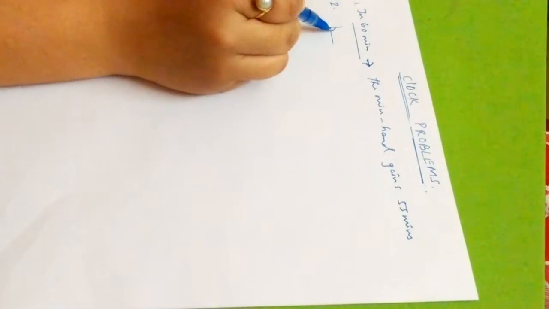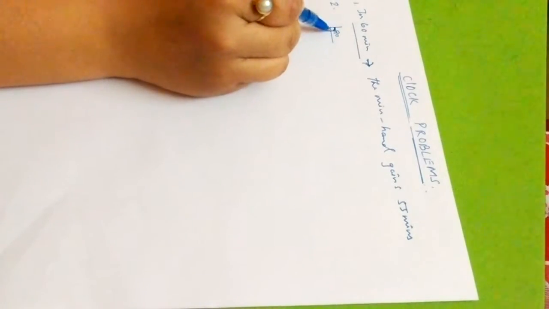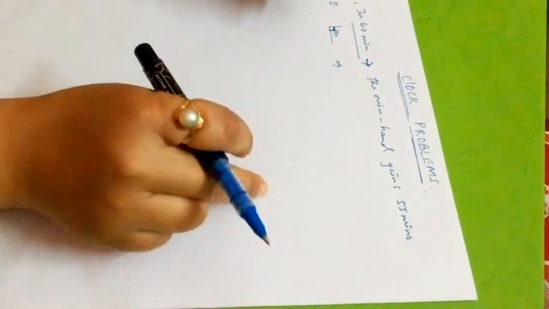Now tell me how the right angle looks like. It is this thing, so we call it a right angle, right? This situation occurs twice in every hour.